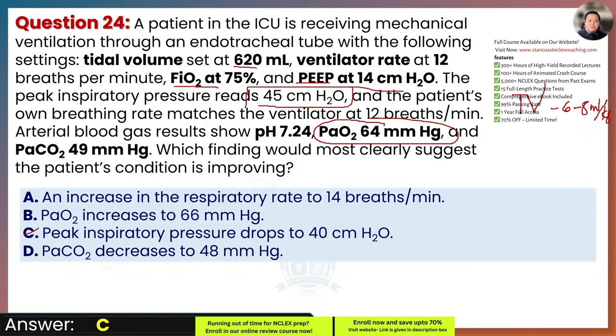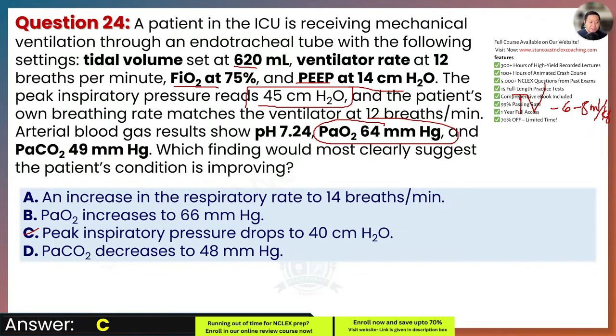And there could be factors like recent suctioning or maybe a position change or even lab variation could cause this kind of shifting. And the FiO2 is set to 75%. So any small increase in the partial pressure of O2 is not that impressive or significant enough to signal the true clinical progress of this patient.